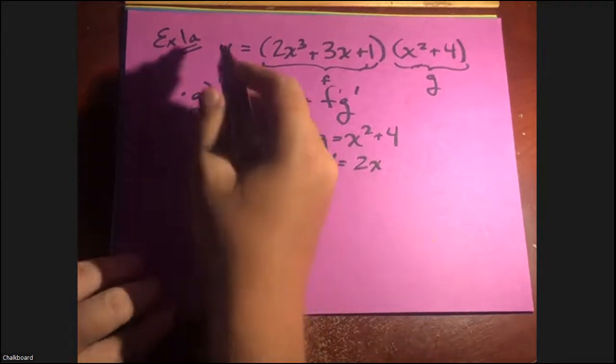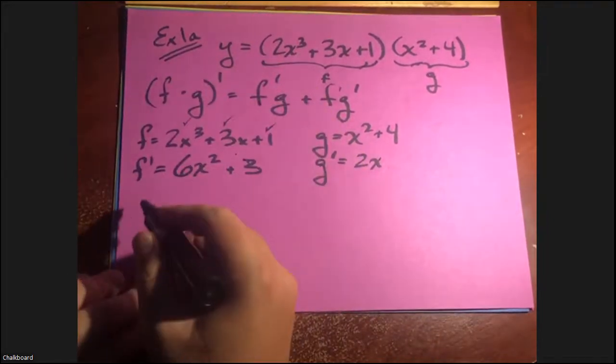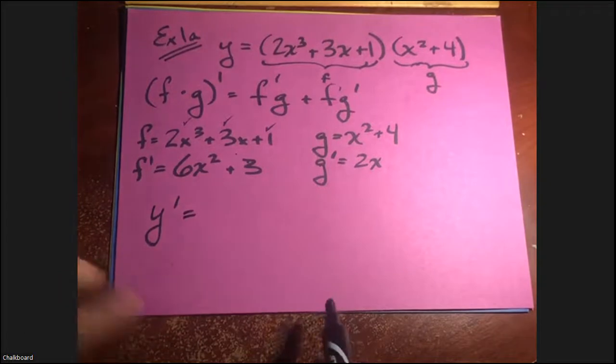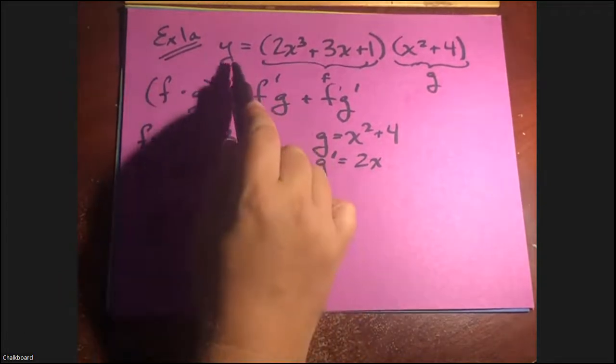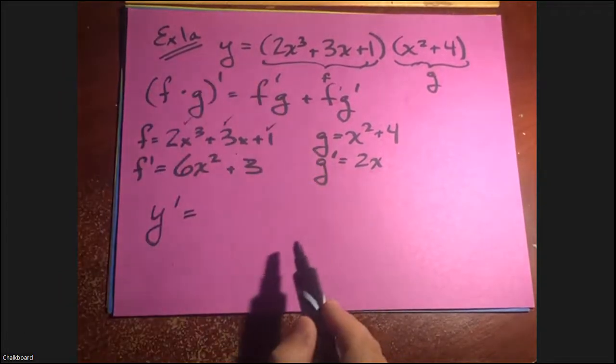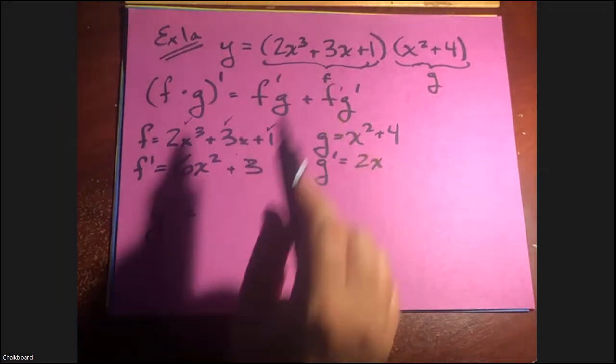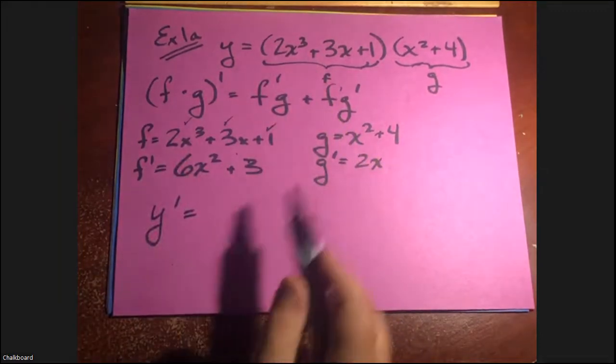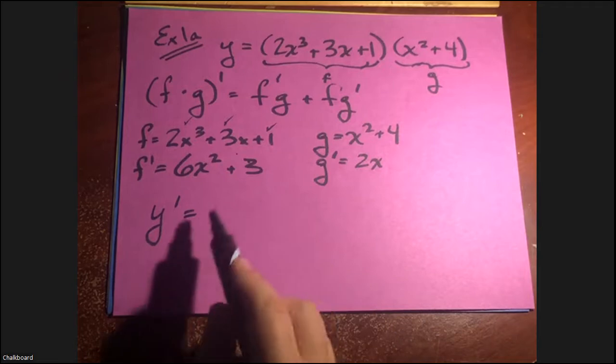Let's do that. If this was y, we're now going to tell you what y prime is. Here it comes. It is kind of important in math to tell me what you're given. What I write here is not equal to this, so you don't want to write y equals or just equals. This is a new thing I'm writing. This is the derivative. It's y prime.